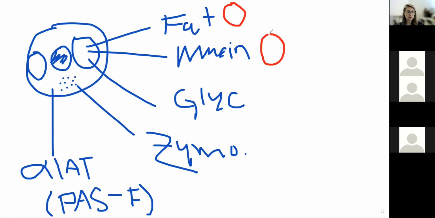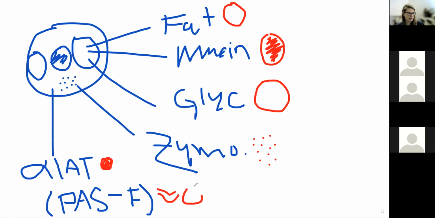Mucin, we do see. It tends to be a little fuzzy and blurry and a little bit bluish. Glycogen also can appear much more clear. Zymogen granules certainly appear dark and purple and small and granular. Alpha-1 antitrypsin is more globular, and fungus, of course, you're going to see some structures, whether they be hyphae or yeast.